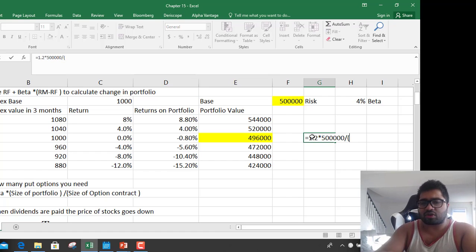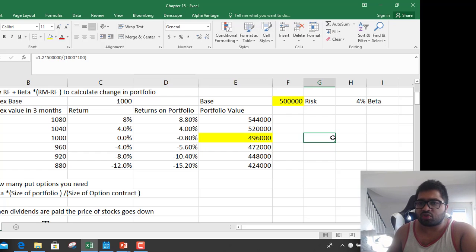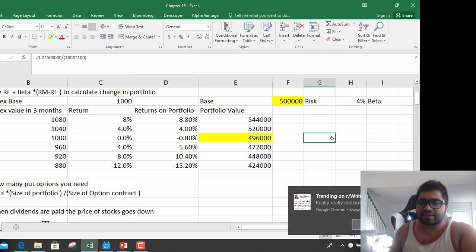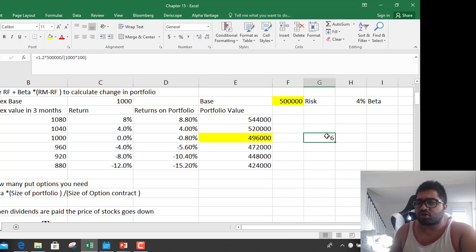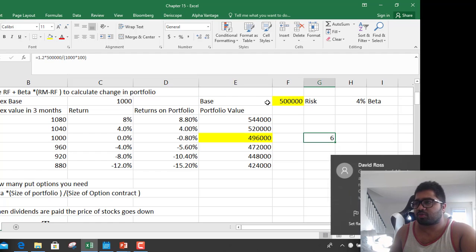The size of option contract is the index strike price times 100, because options are generally traded in contract values of 100. So you would have to buy 6 put contracts to hedge your portfolio.